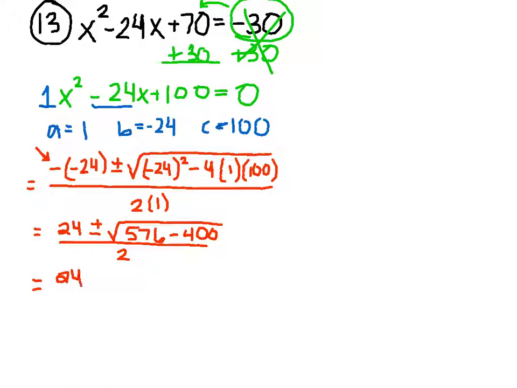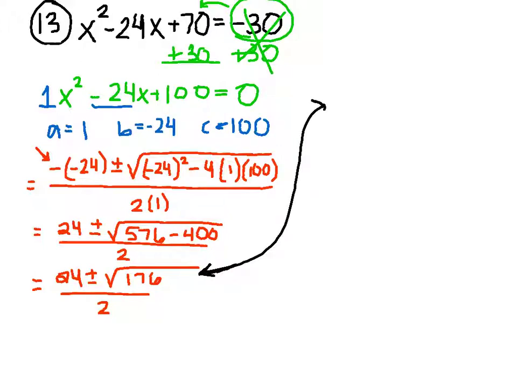Simplifying again, we have 24 plus or minus the square root of 176 divided by 2, and we see that the square root of 176 is not a perfect square, so we need to look at factors of 176. And we know 2 times 88 is 176, so write this down on the side. 2 times 88.